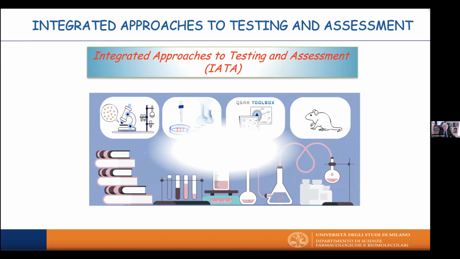As far as the IATA, you see this slide, which I took from the internet, where it's very clear that you have to gather a lot of information coming from all the sources that are able to give you some line of evidence to identify the hazard of your chemical.